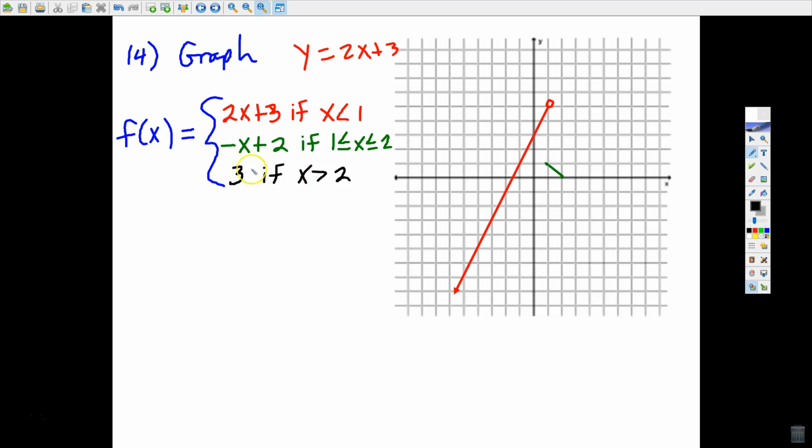Okay, horizontal. It crosses y at 3. But how would I show it if I'm only going to use x coordinates that are greater than 2? So 3, 2, open circle, and which way am I going? To the right. Oh, do this in black.